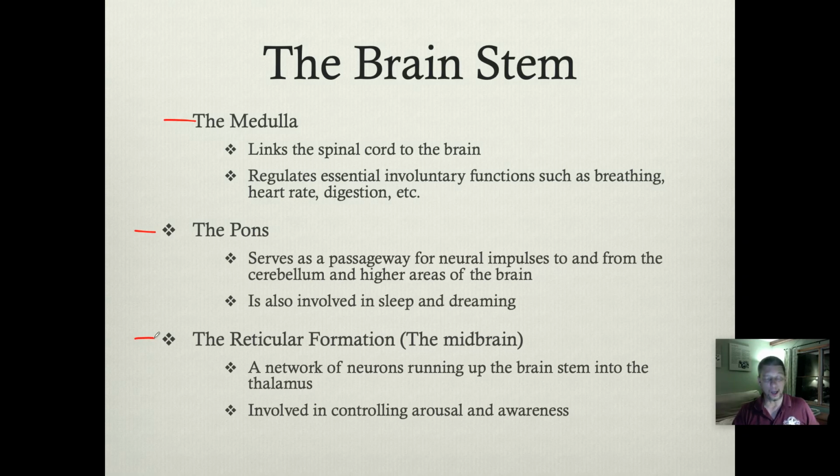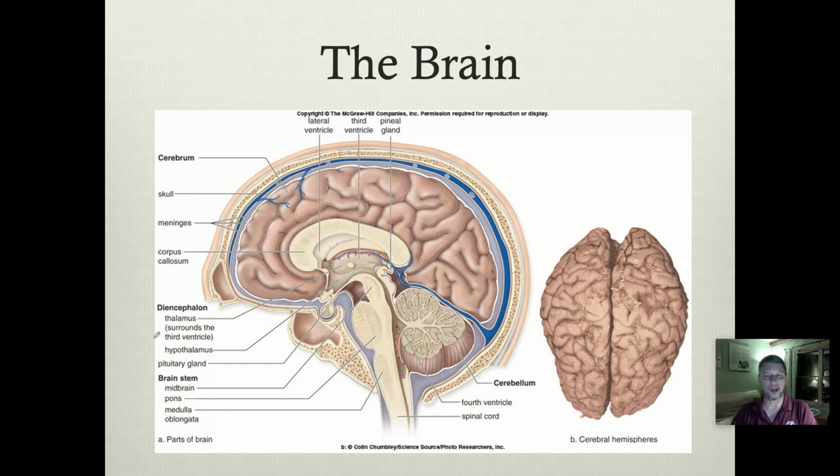Now, this slide is just a picture of the various portions. The brain stem starts about here and goes up and around. I kind of missed, but this is essentially the brain stem. And there's a couple of parts.